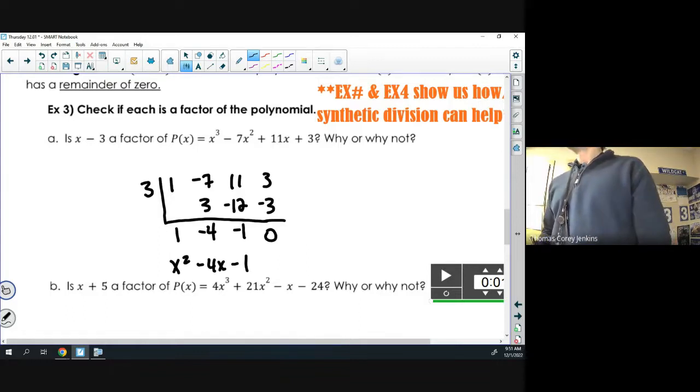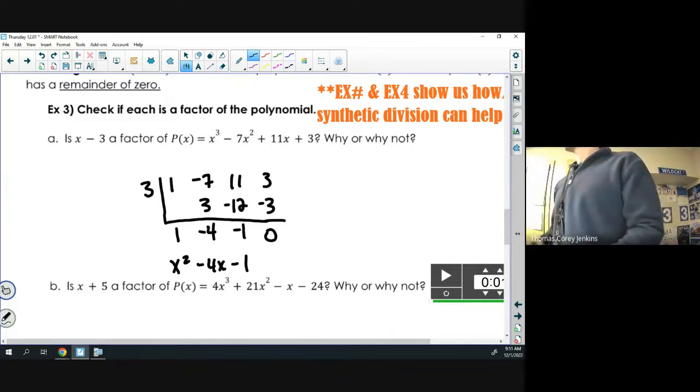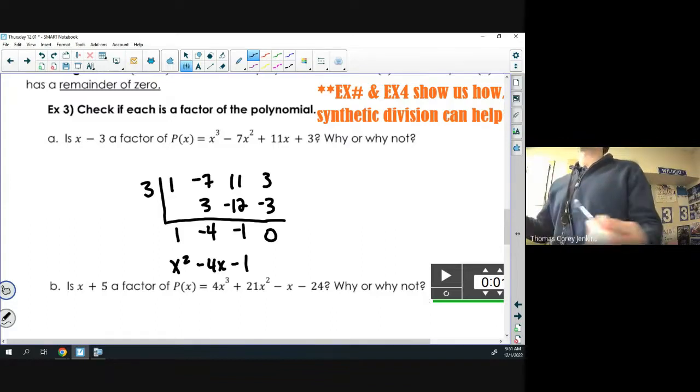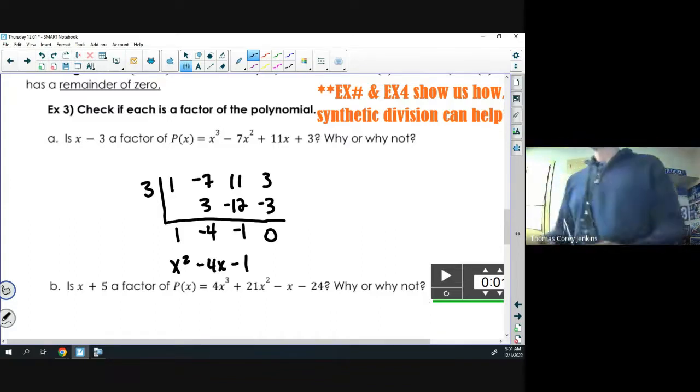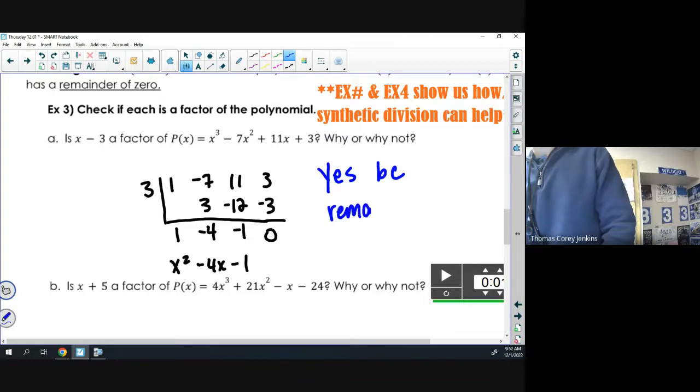Yes, no? Why do we say yes? It has a remainder of 0, right? Just like 2 is a factor of 6. If we divide by 2, we get a remainder of 0. That's all we're looking at. So the answer would be yes, because the remainder is 0.